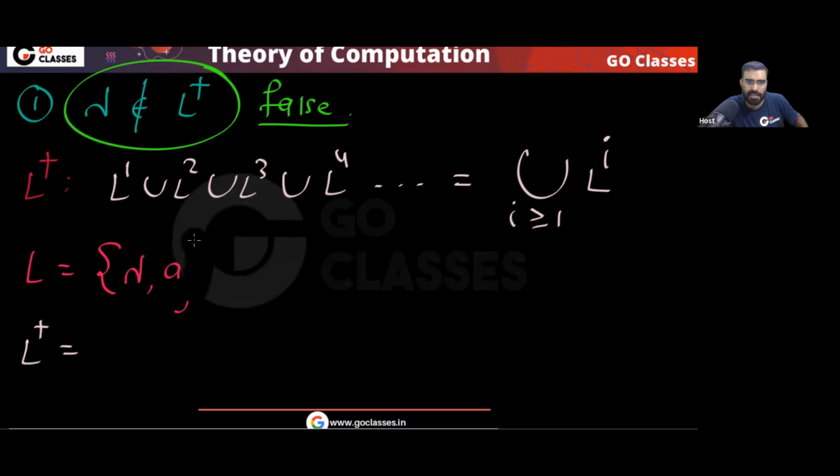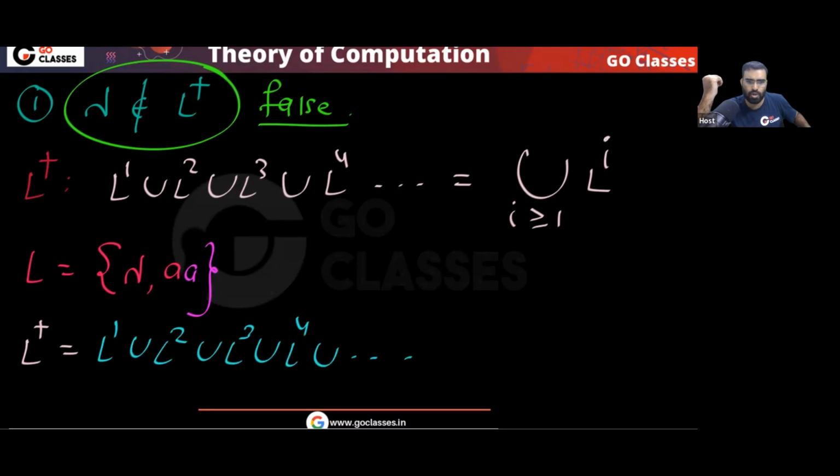Or you can consider any, for example lambda, double a. Now you tell me what is L plus. Remember, L plus means L power 1 union L power 2 union L power 3 union L power 4 and so on.